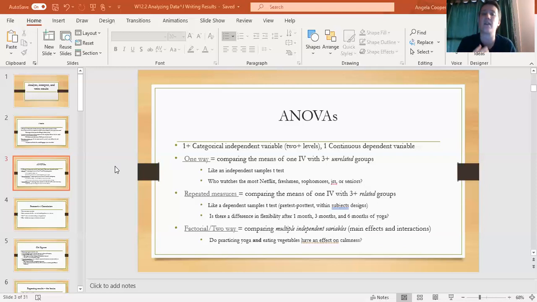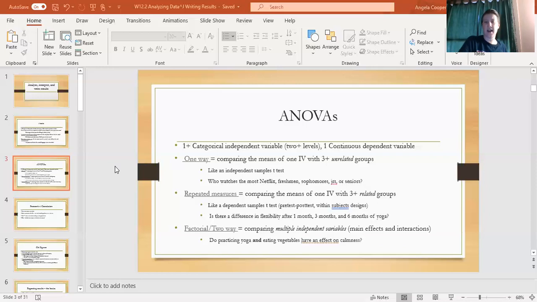But with factorial or two-way ANOVAs, we have the possibility of having interactions, because now with these types of ANOVAs, we have more than one independent variable, which is when interactions can become present. It's not necessarily guaranteed that you'll have an interaction if you have multiple independent variables, but the option is there. It is a possibility.